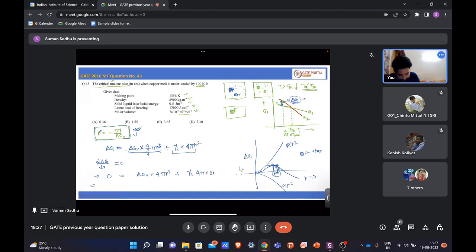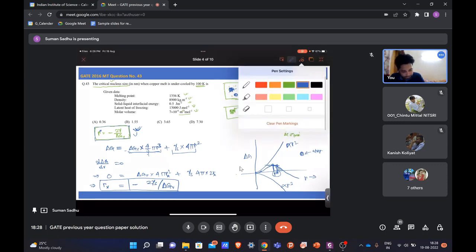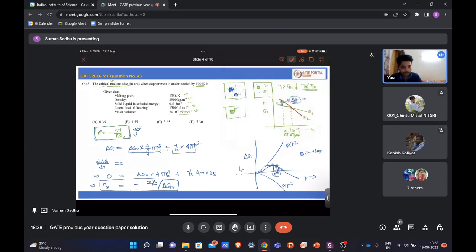This will be r star, because we are considering the critical point. So from here we get r star equal to minus 2 gamma s divided by delta GV. Using this equation we can calculate the critical radius.